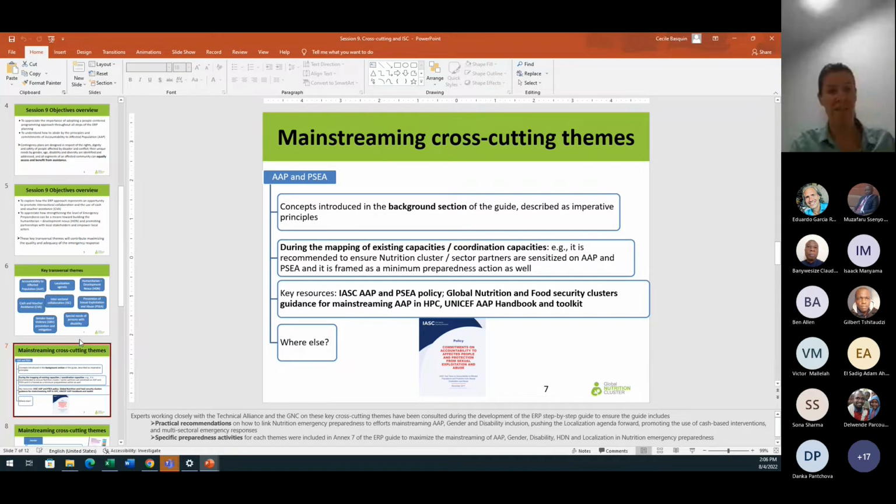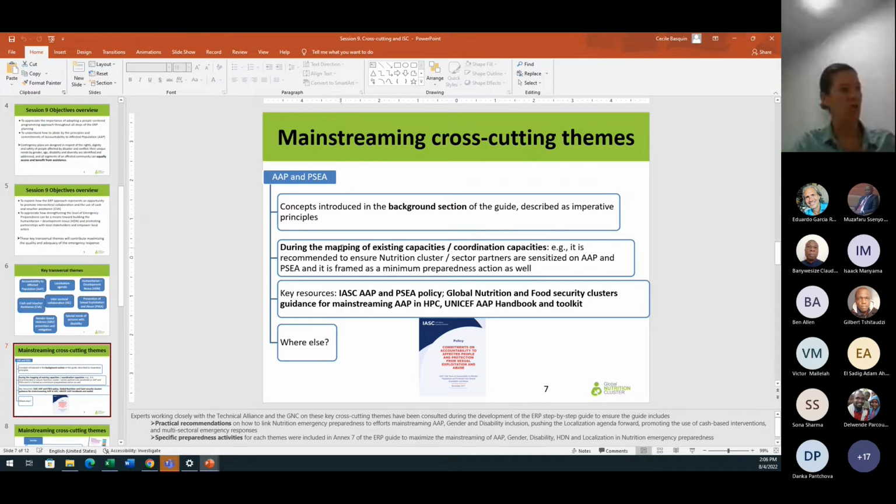So, for instance, for accountability to affected population and the prevention of sexual exploitation and abuse, you'll find key concepts in the background section of the guide, and we are describing this from the very beginning as being imperative principles.